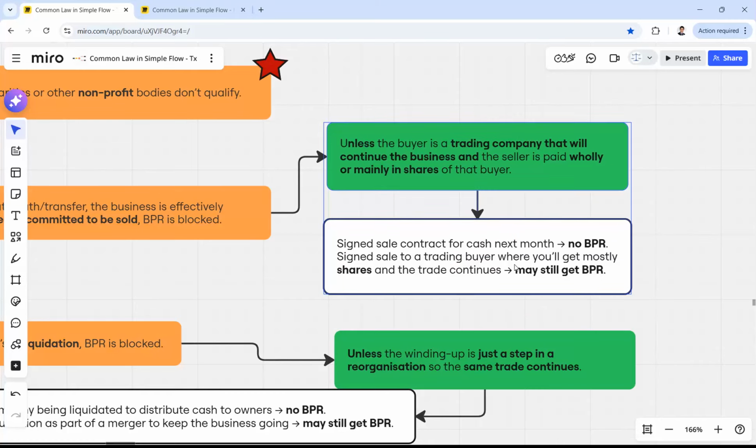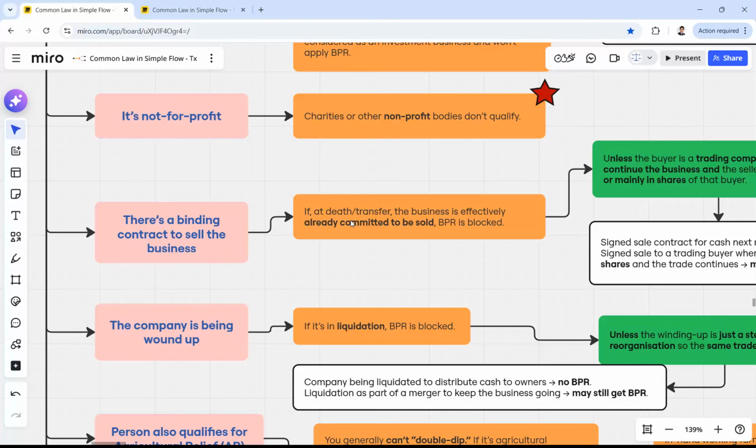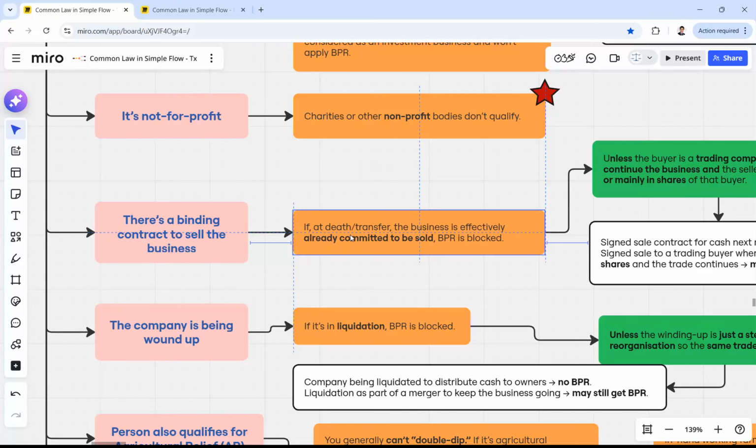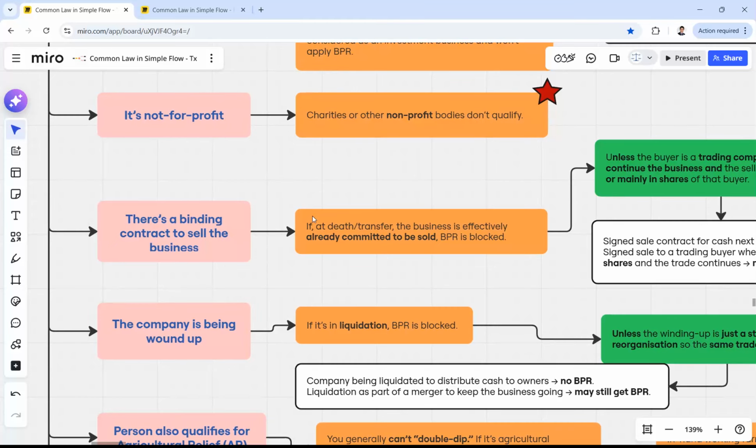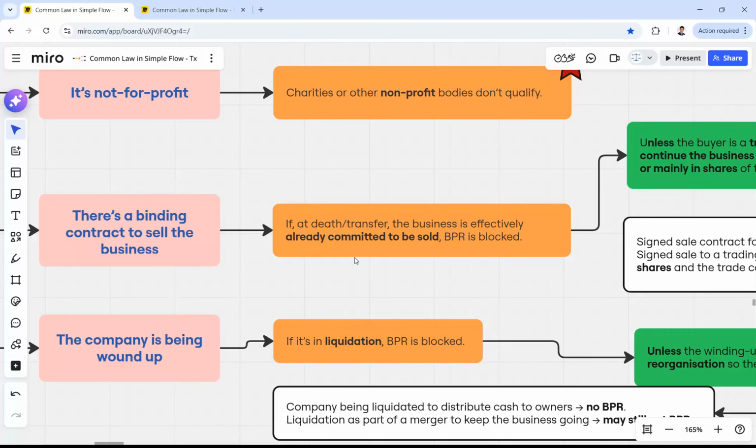This is a very nuanced exception, and the whole part of this is the binding agreement. So if there was an exchange of contracts and the contract became binding, and there is a death of the person who owns the company which is being sold, and at the time of the death there was this commitment to sell it, BPR is blocked.